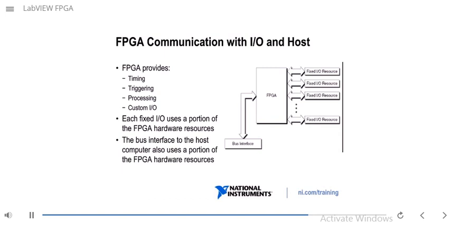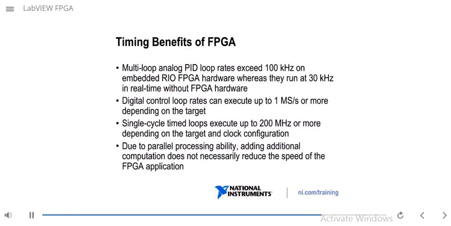After that, the rest of the FPGA you can use for timing, processing, triggering, calculations, and things like that. So just know that part of that FPGA has to be used for the bus interface and also to communicate with I/O. Let's look at some of the timing benefits of FPGAs.